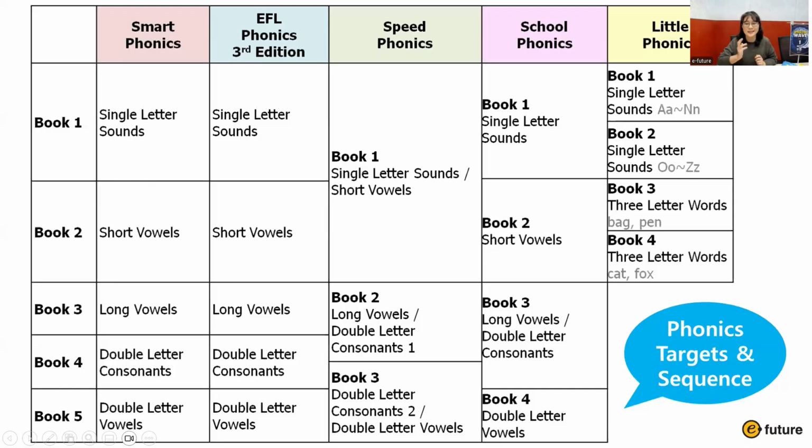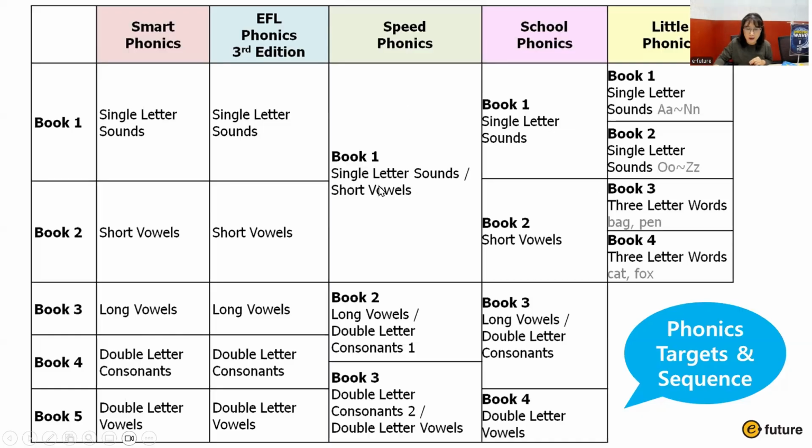However, if you want to do more practice, you can choose Smart Phonics because the workbook has more pages, so more practice. The language targets, the phonics targets, and the sequence are the same, because this is the best sequence for EFL learners. And as you can see, the sequence is the same for all our phonics books.